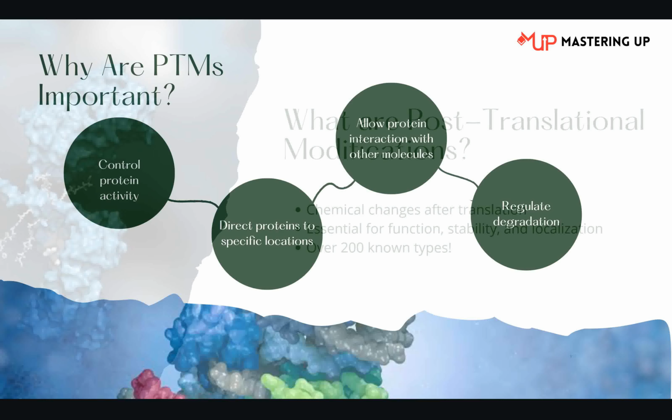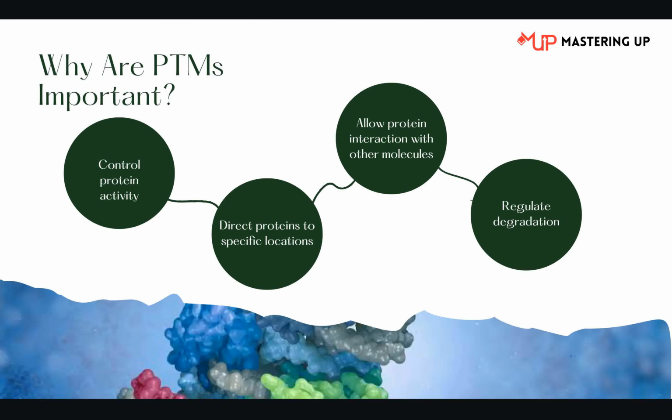So, why are PTMs important? Post-translational modifications are crucial for several reasons. They act like switches, turning proteins on or off, and they guide proteins to their correct locations inside the cell.